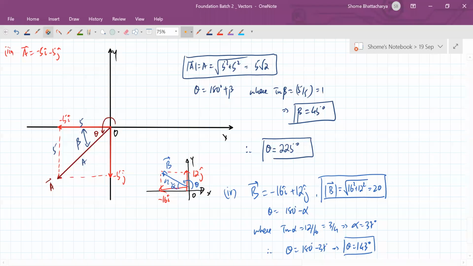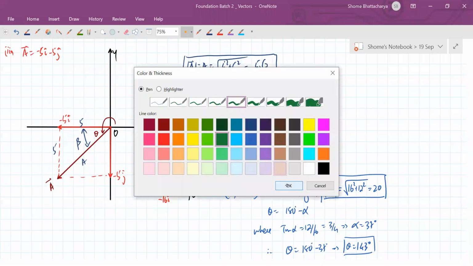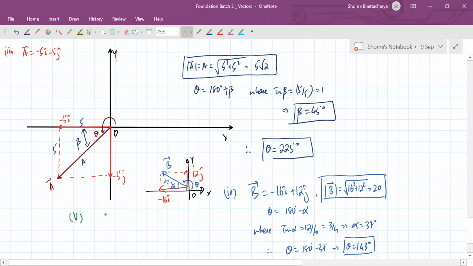Now like that, the last one was, let's say, this vector C, 3 i cap plus 4 j cap. So you can see when you draw that vector here, it looks something like this. Such that this component is 3 i cap and this component is 4 j cap, and this angle is the theta we're talking about.